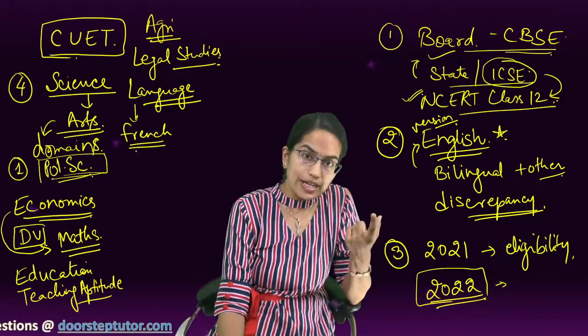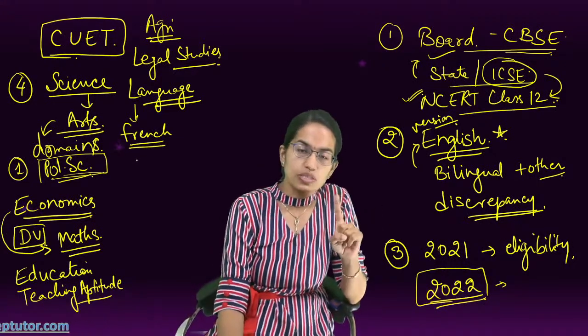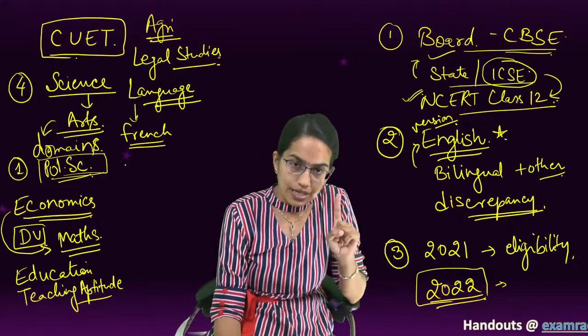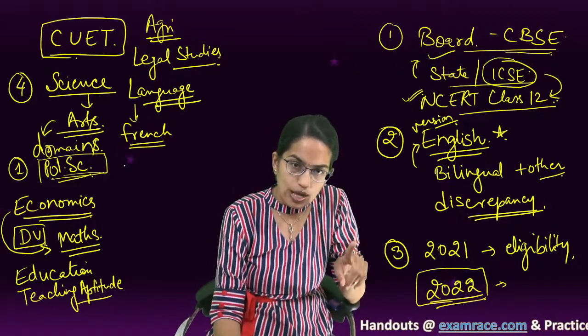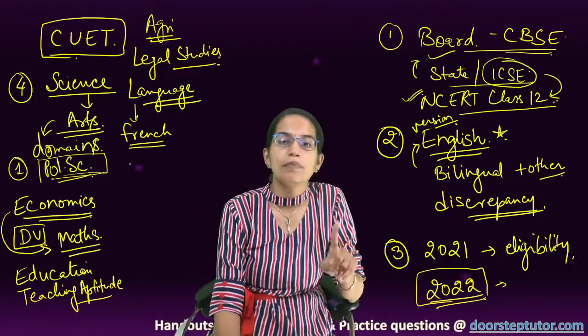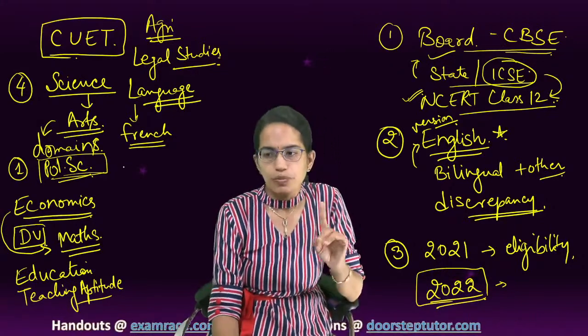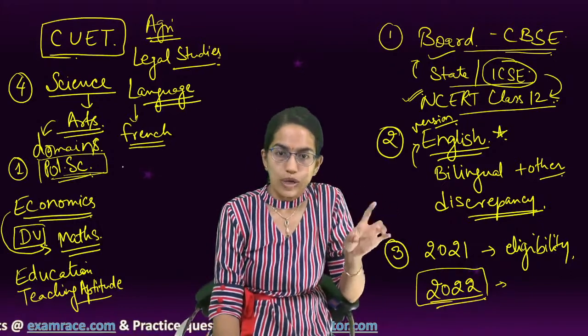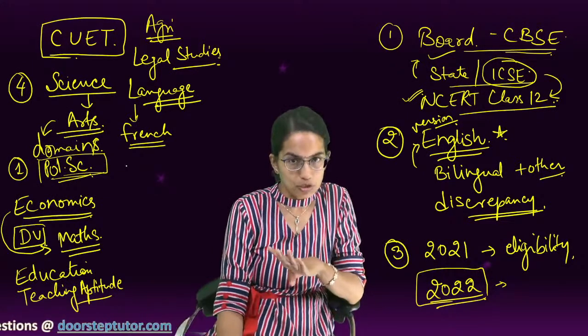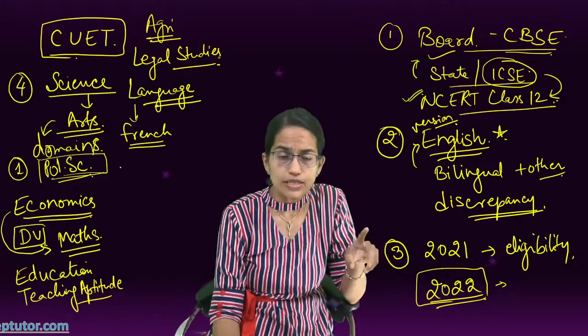So it's a good idea to take French as one of your domain subjects while you also appear for it as your language subject in section 1B. If you want to join a BA language program, make sure that you pick one of the languages that you want to join for your BA language program.